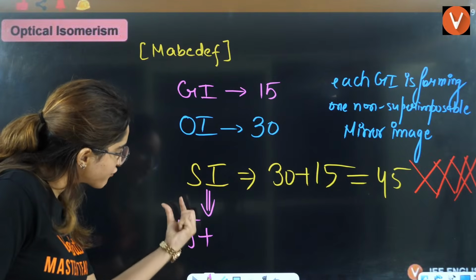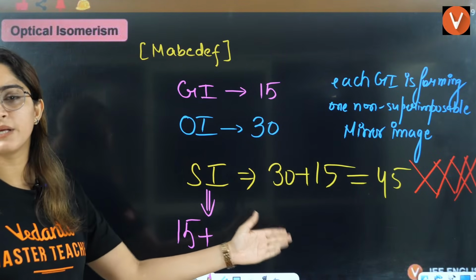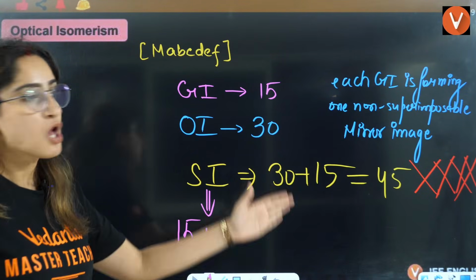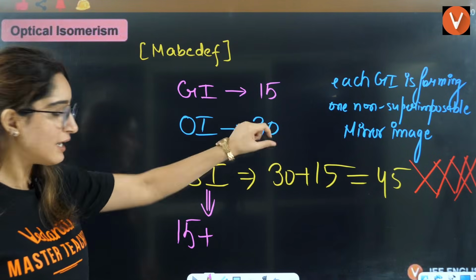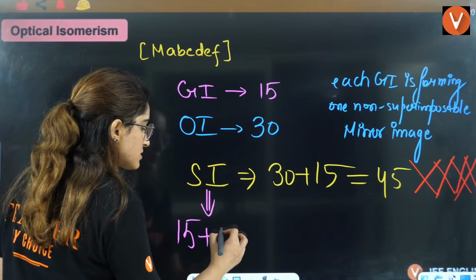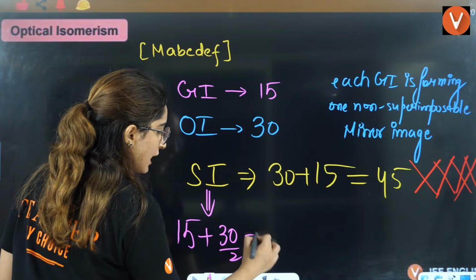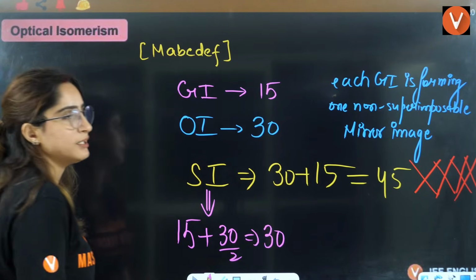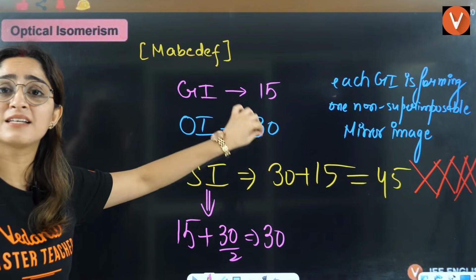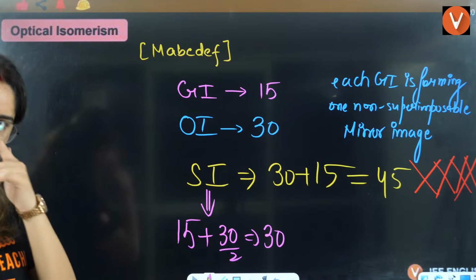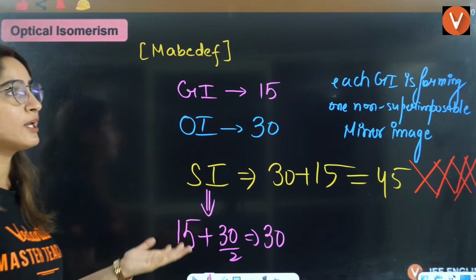And each of the 15 is forming one non-superimposable mirror image. So total optical isomers are GI plus 15, that is 30. And total stereoisomers is this, that is nothing but 30 only, because this 30 already has the GI.